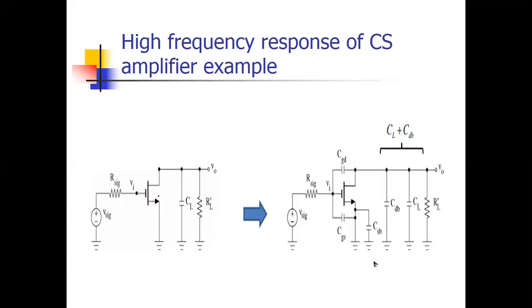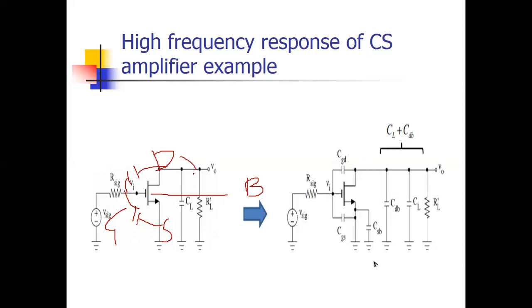What are the internal capacitances? If you check the terminals, this is your drain, this is your gate, this is your source, and one is the body terminal, a substrate. So how many capacitances will be generated? One between gate and drain, that is CGD. One between gate and source, that is CGS.